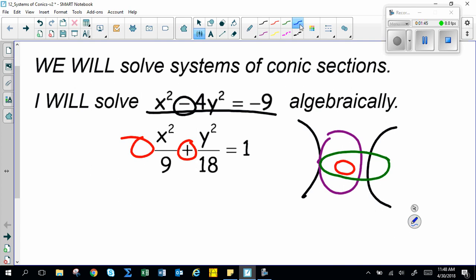If I hit this vertex and this vertex, they could intersect twice. And they could maybe intersect even 4 times. So my options when I'm solving these are 0 solutions, 1, 2, 3, in this case 4 solutions. So I just want you to be prepared for multiple solutions.